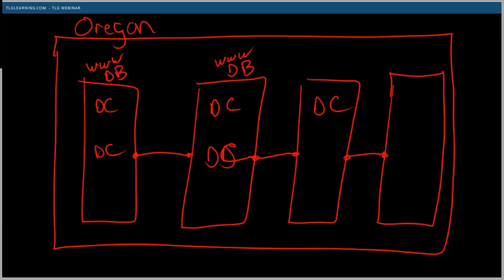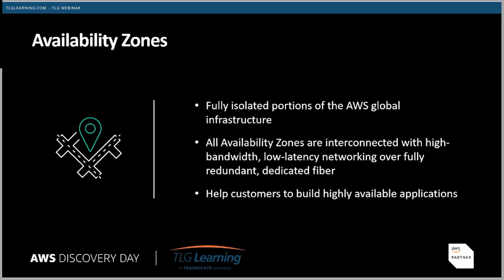If one of the availability zones goes offline, there's some issue, well, you still have your website and your database or whatever workload it might be, still running in a second availability zone. You could take that a step further and deploy your workload to multiple regions if you wanted to. One deployment on the West Coast of the United States in Oregon, the other on the East Coast, maybe in the Northern Virginia region. That, of course, is up to you.